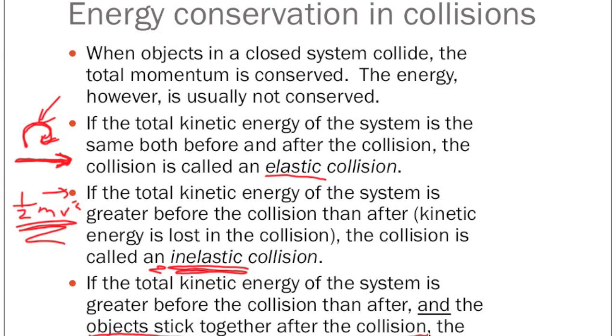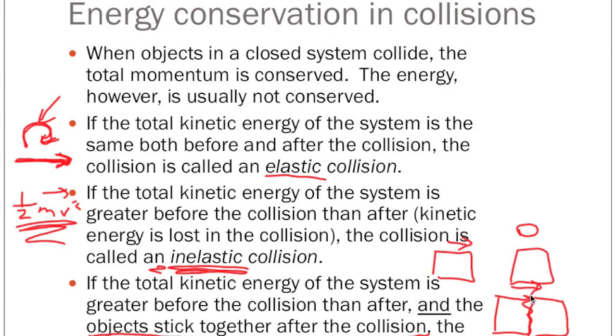So you have two objects, say one is still, going 0, and another one is going towards it. They run into each other, and then once they run into each other, they've stuck together. And so maybe they're moving in some direction afterwards. That would be an example of a totally inelastic collision.